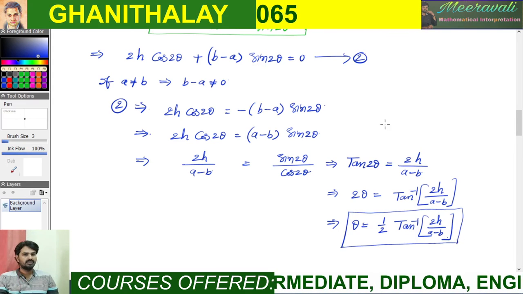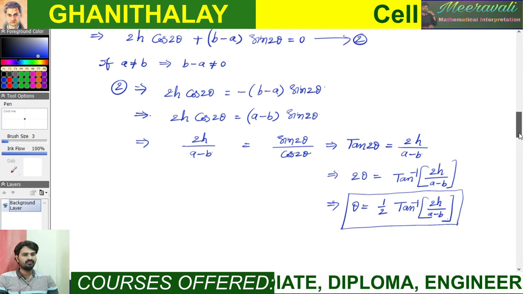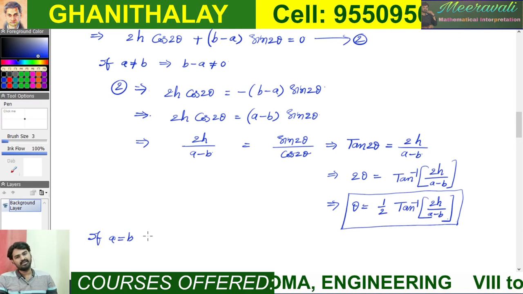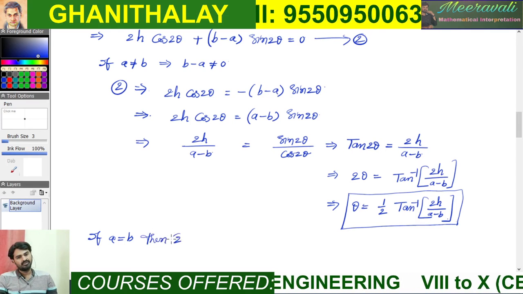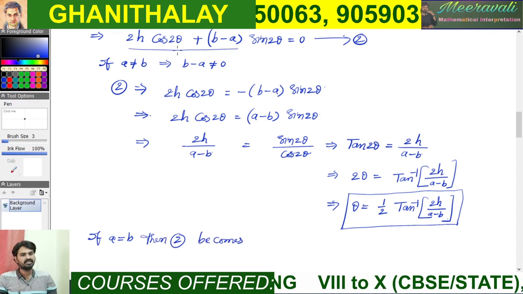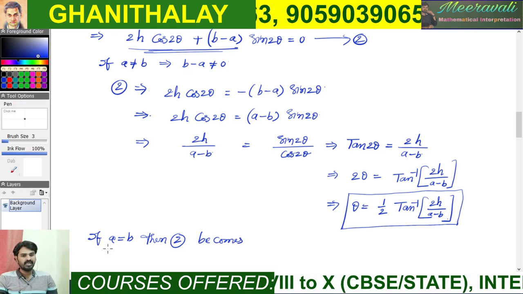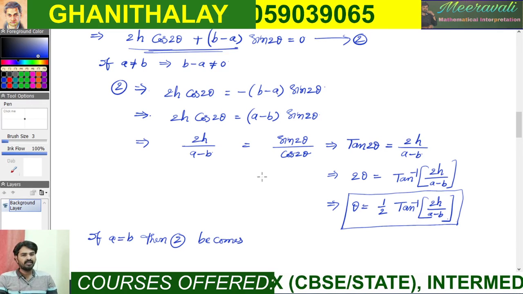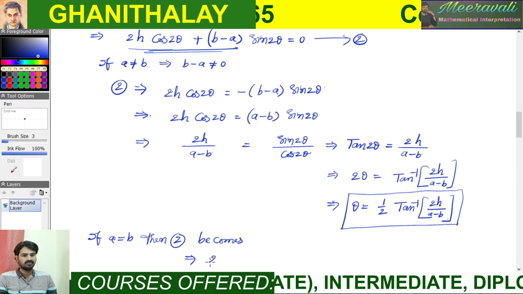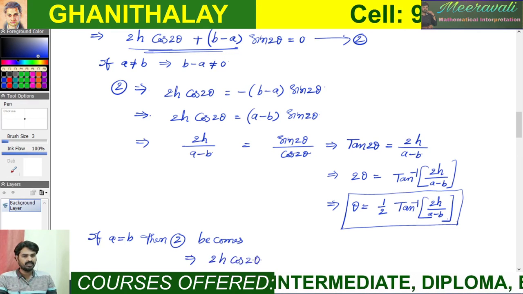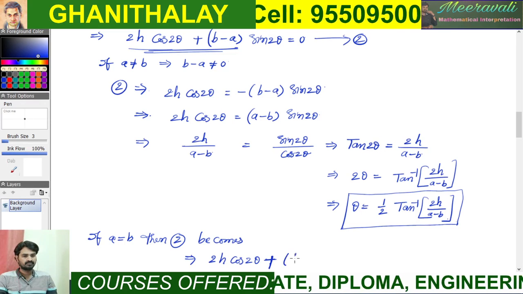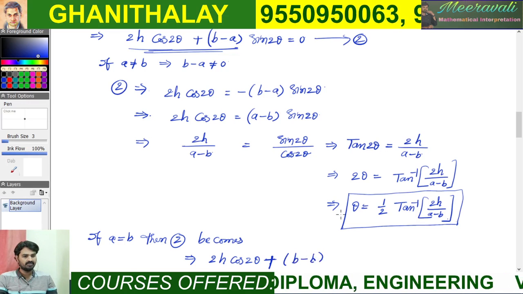Okay, so from equation 2, now the second case, a is equal to b, I have taken. In equation 2 you have to take the second case here. So put a is equal to b, then a minus b or b minus a is equal to 0. That implies 2h into cos 2 theta plus, as a is equal to b, you have to write b minus b into how much?